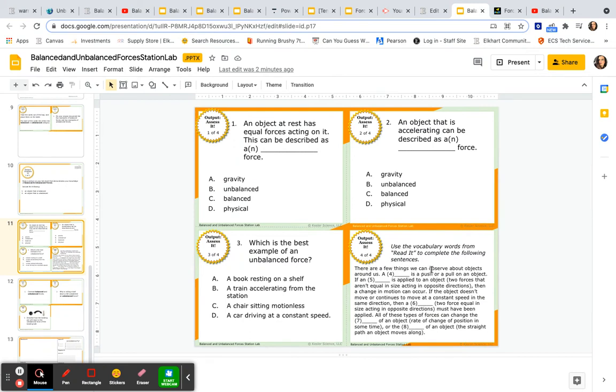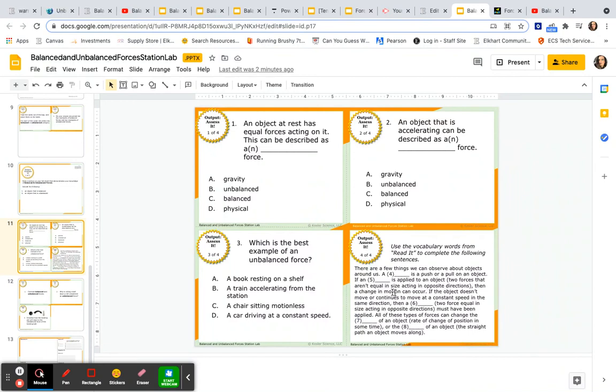There are a few things we can observe about objects around us. A blank is a push or a pull of an object. If blank is applied to an object, 2 forces that aren't equal in size and acting in opposite directions, then a change in motion can occur.